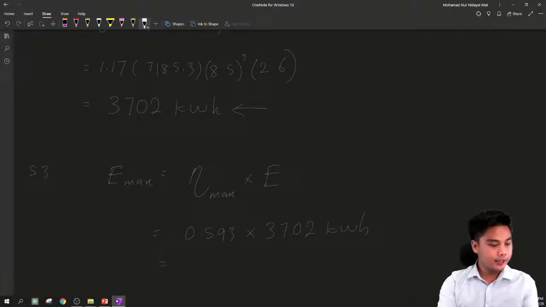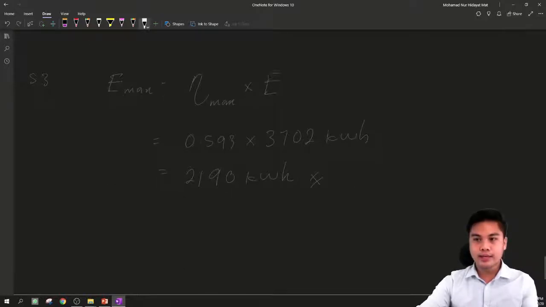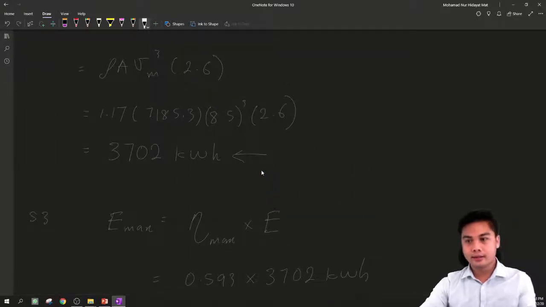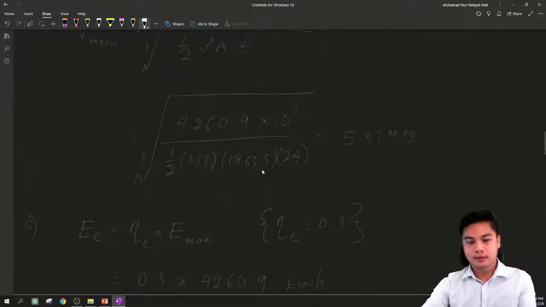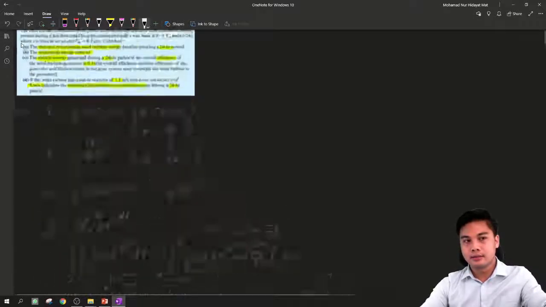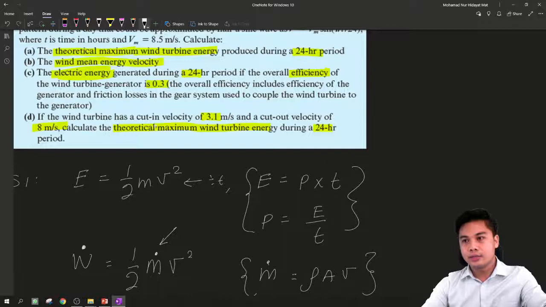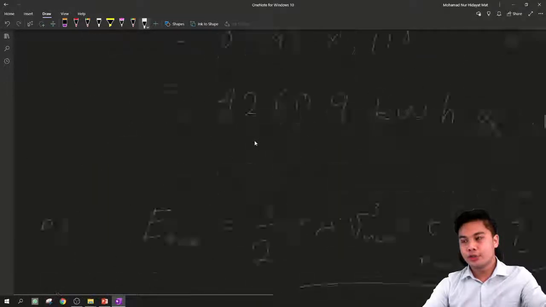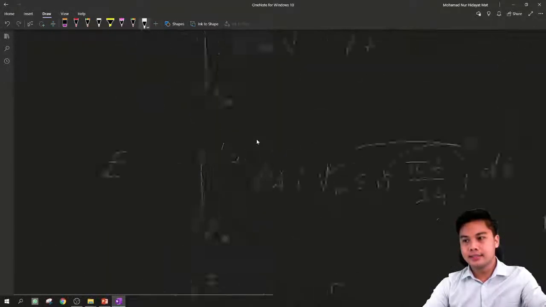And finally, we'll get 2190 kilowatt hour. The question asks to calculate the theoretical maximum wind turbine energy.